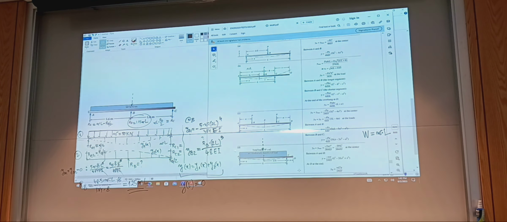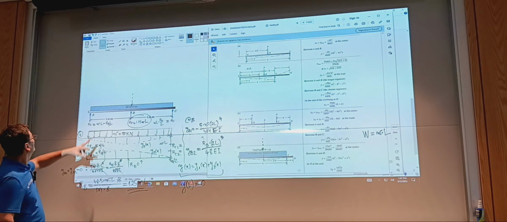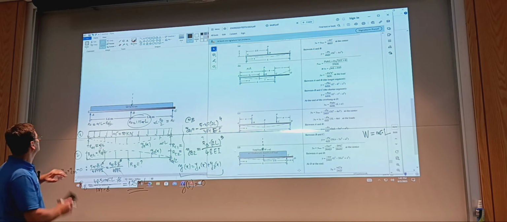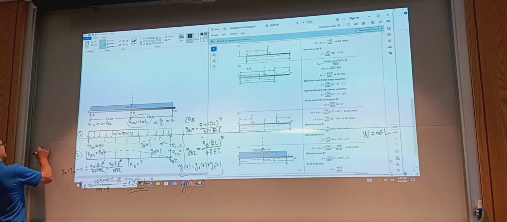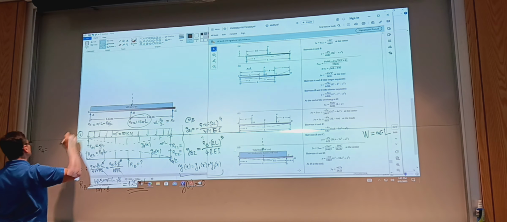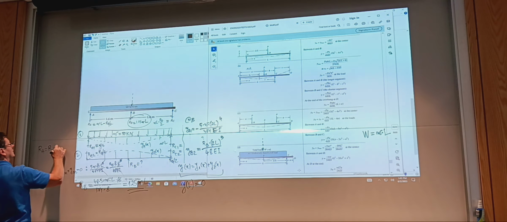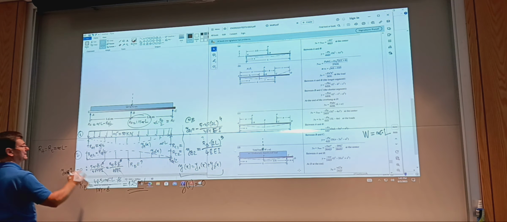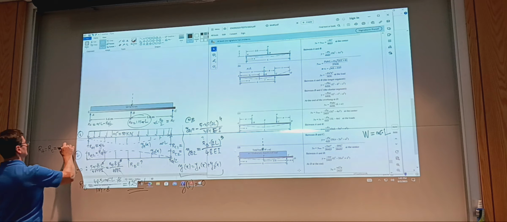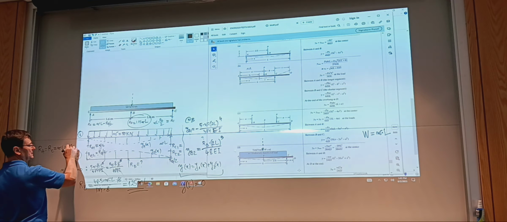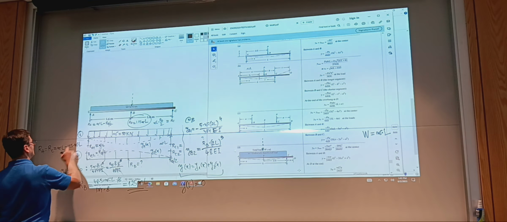We'll get it right. As for these here, let's see if I have for RA for the combined case, which is RC, I have W times L minus, and RB was 1.25 times W times L.